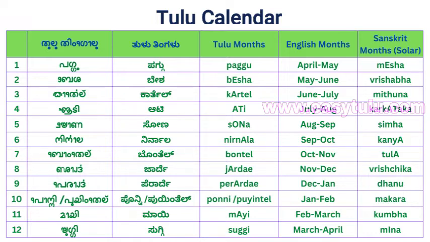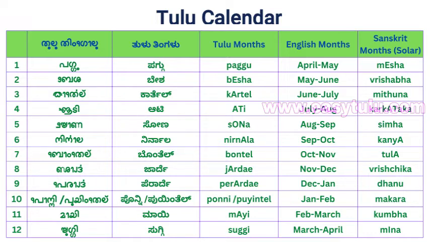First month is called Paggu. Second one Besha. Third one Kartel. Fourth month is Ati. Sona. Nirnala. Buntel.